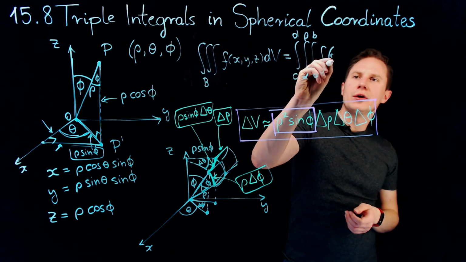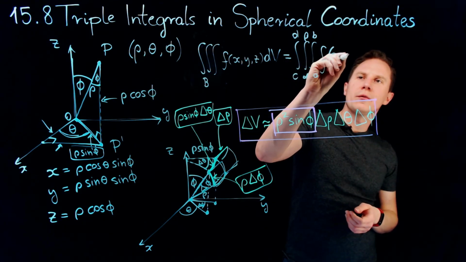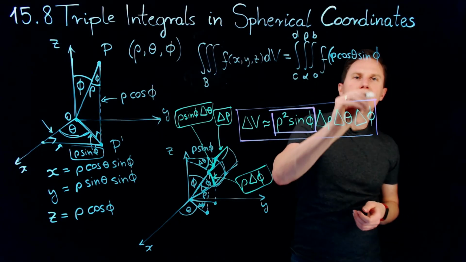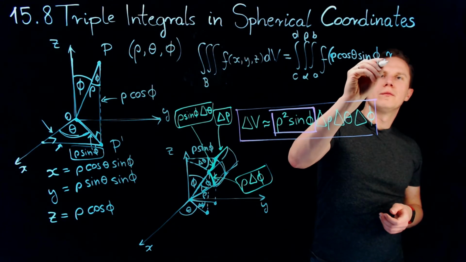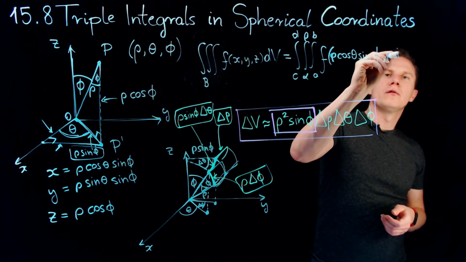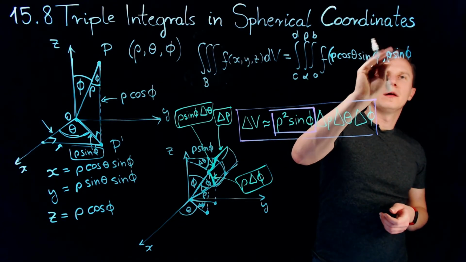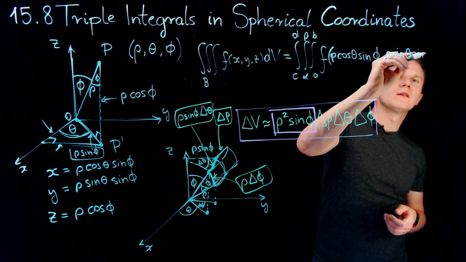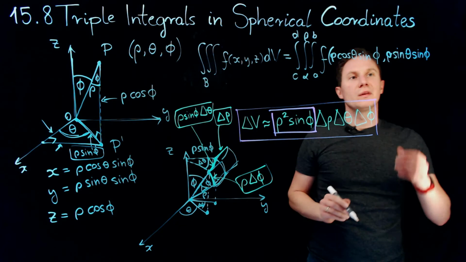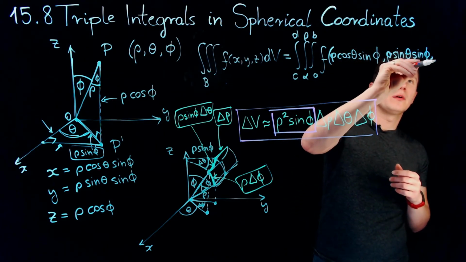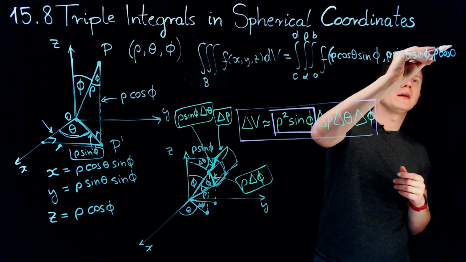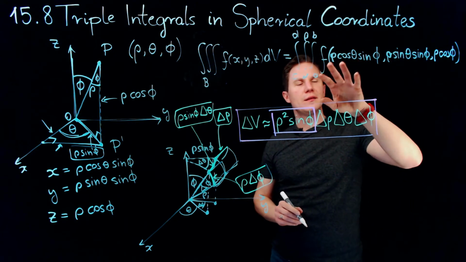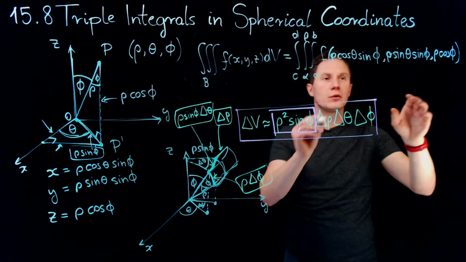So it's rho times the cosine of theta times the sine of phi, that is x. Rho times the sine of theta times the sine of phi, that is y. And finally, rho times the cosine of phi is z. So this is the function evaluated at x, y, z in spherical coordinates.